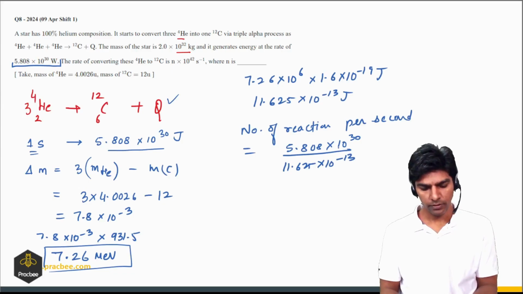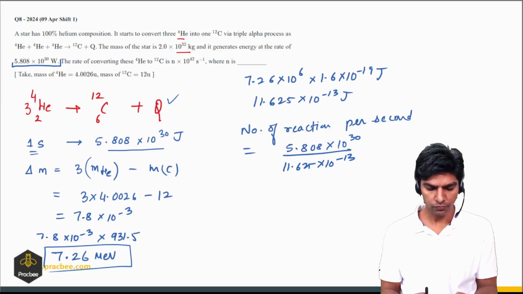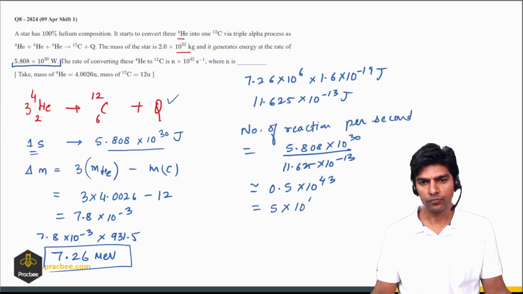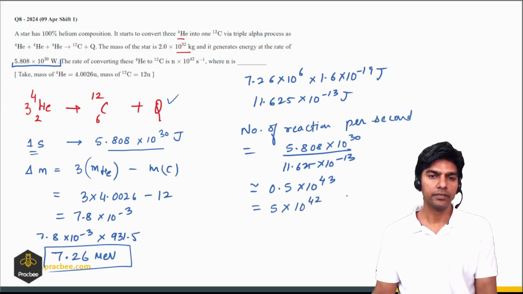If we simplify this, 5.808 divided by 11.625 gives us nearly 0.5 into 10 raised to power 43, or we can say 5 into 10 raised to power 42 reactions per second.